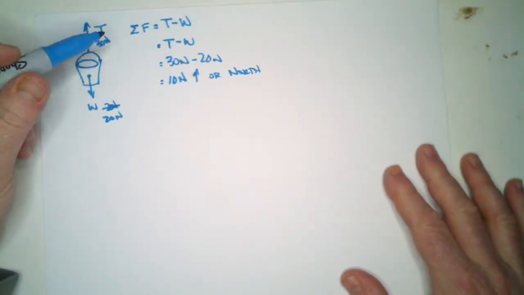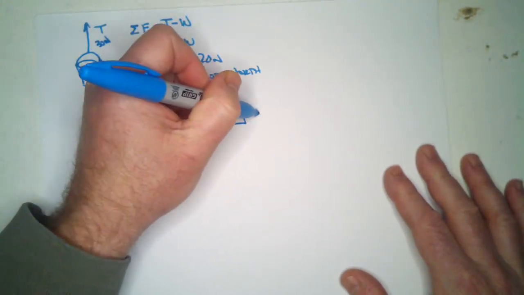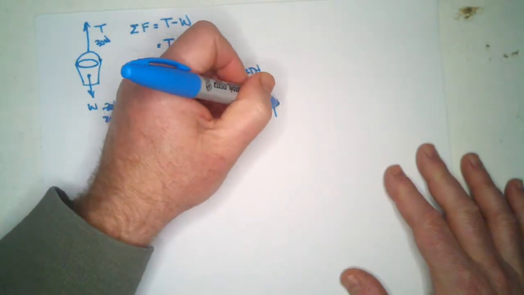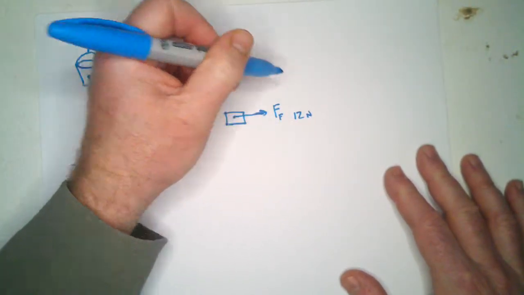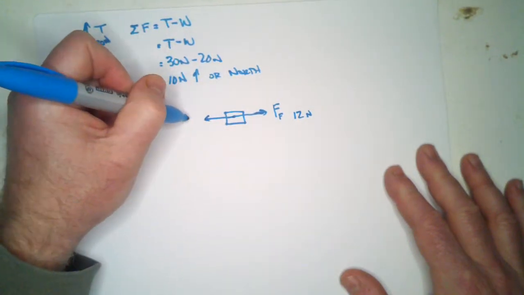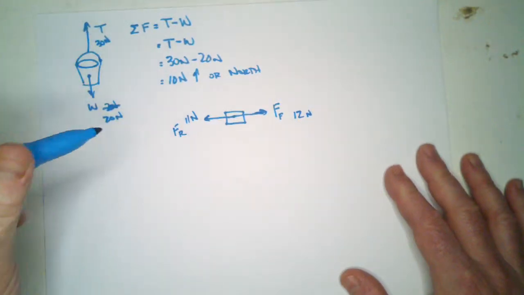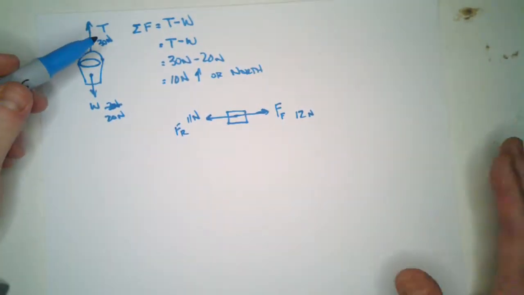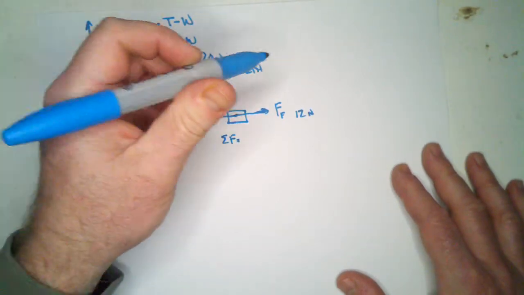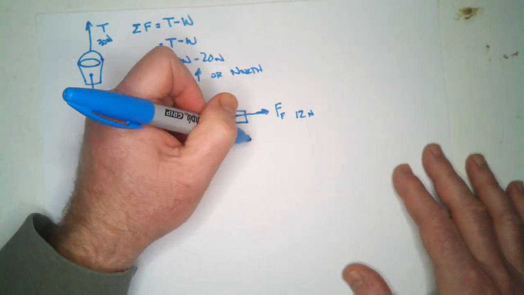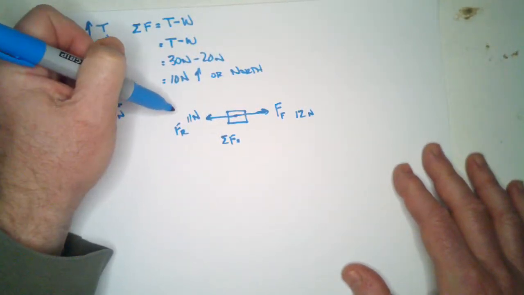We can also look at the case where, to get back to our pillow fight, we've got a force going this way of 12 newtons and a force going this way of 11 newtons. The net force and the direction the pillow is going to be the sum of the forces equals the forces going to the right minus the forces going to the left.